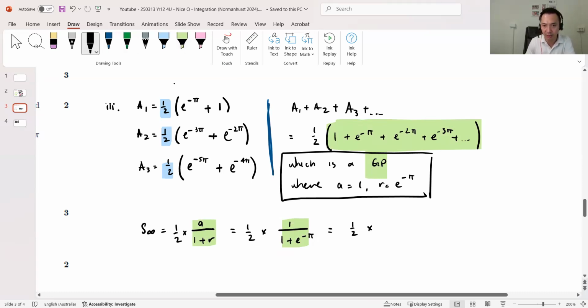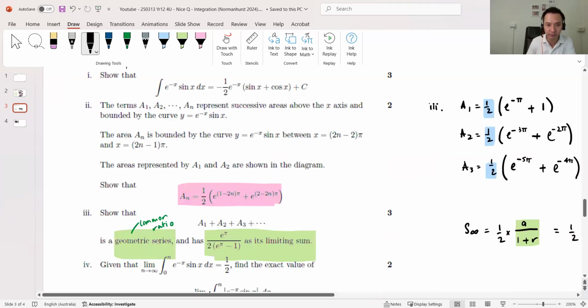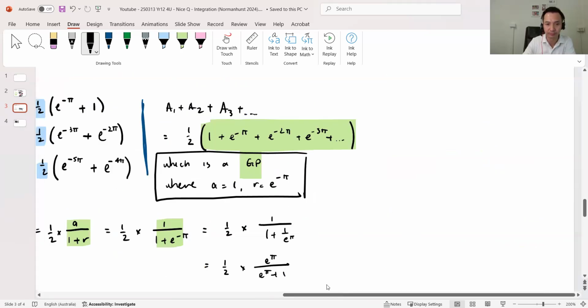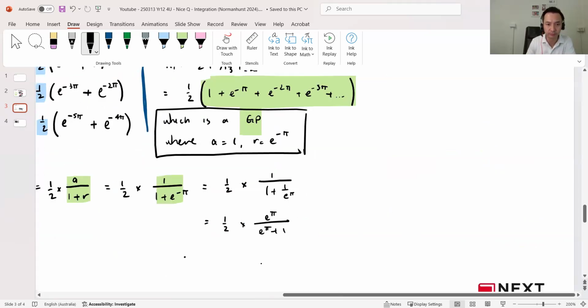Now, I think they just made it positive. So then they common denominated that, or times everything by e pi. You get e pi plus 1. Is that what they want? So we'll look. Perfect. We're done. Therefore, limiting sum is e pi on 2 times e pi plus 1.